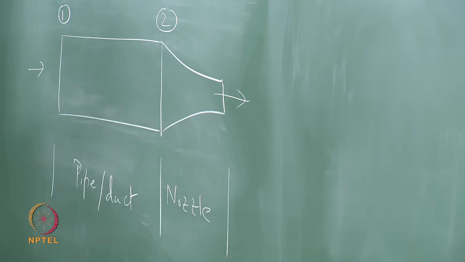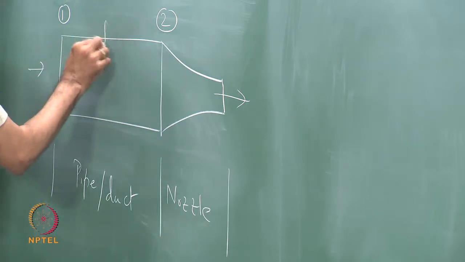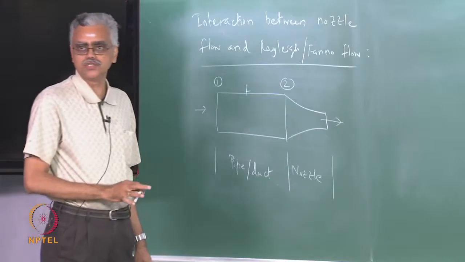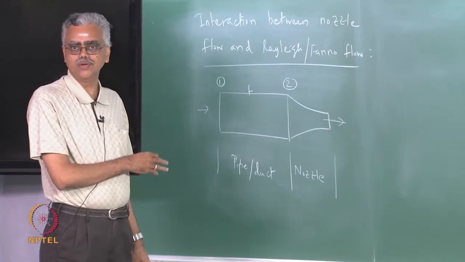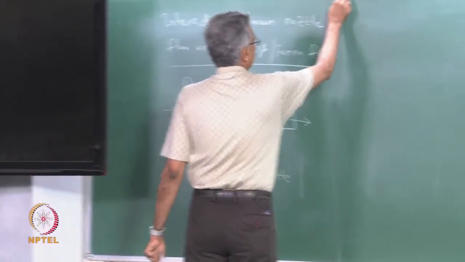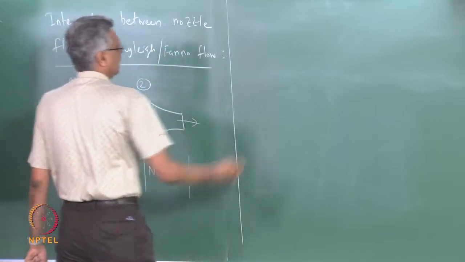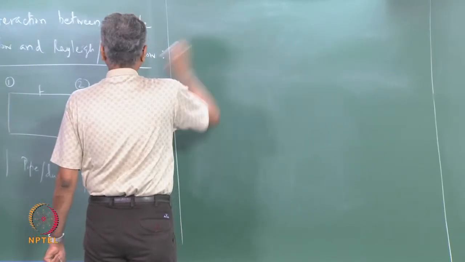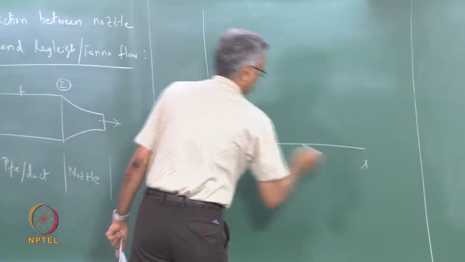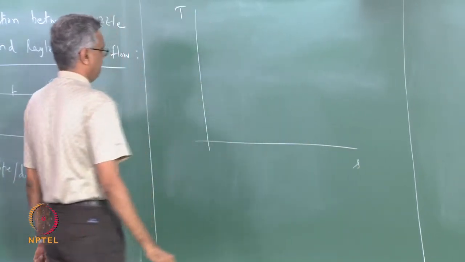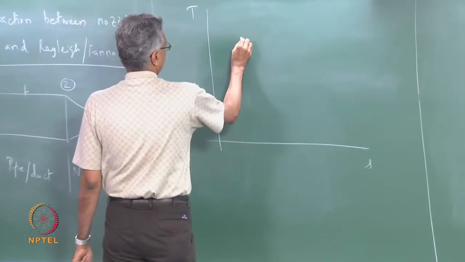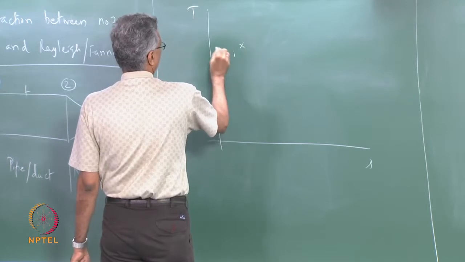So, let us assume that the friction factor in this case is F, and the flow in the nozzle is always isentropic. The friction effects are important only in the constant area portion, and the flow in the nozzle is isentropic. If this is the case, then I can sketch the process from 1 to 2 to throat the following way on a TS diagram. So, if this is the TS diagram, let us say this is my state 1.